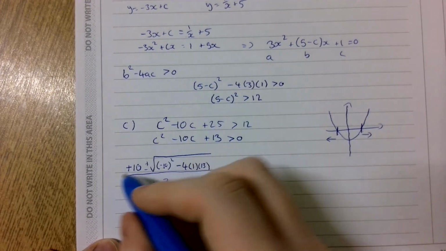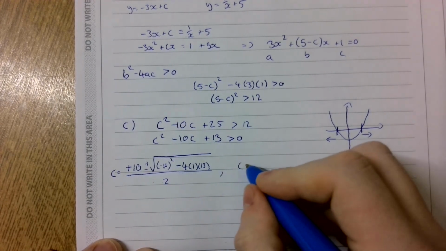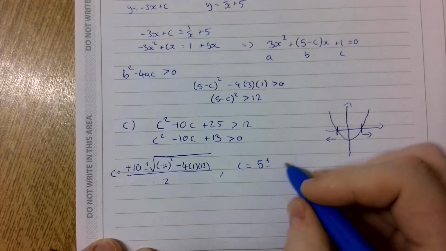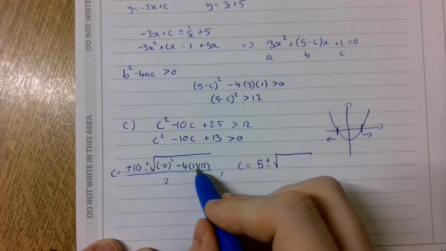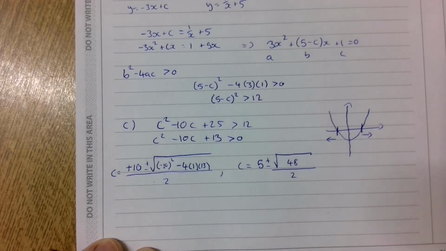So c equals 5 plus or minus the square root of 100 take away 52, so 48, all over 2. I'm pretty sure we can find a square number that goes into 48.